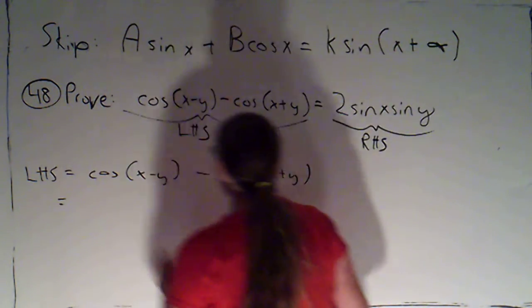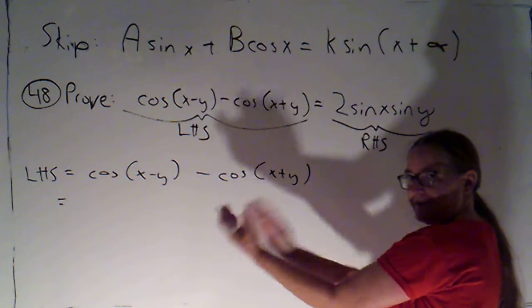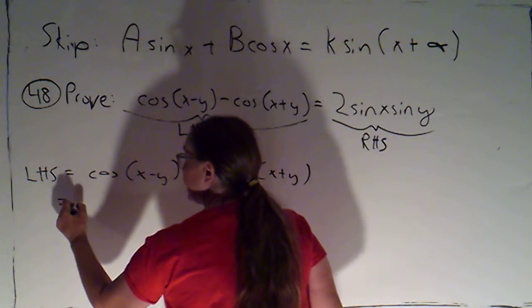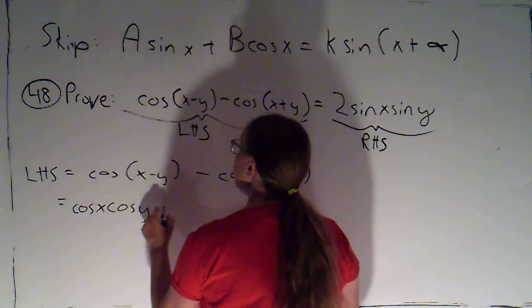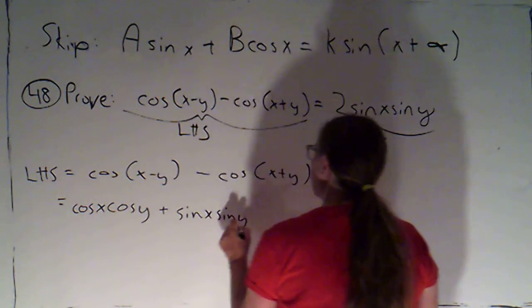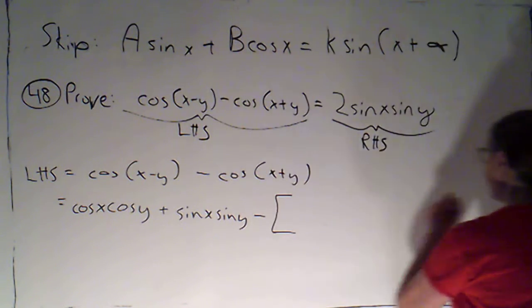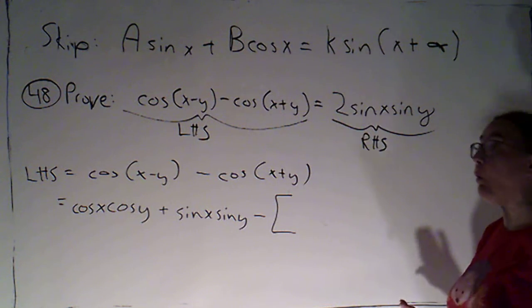I want to remember with the sum formula, the cosines go together and they're first, and then the sines and we're subtracting. So with the difference formula, we'll be adding instead. So it's cosine x, cosine y, plus sine x, sine y. And then we're subtracting this. Very important that I put that in brackets or parentheses because I'm subtracting the whole thing.